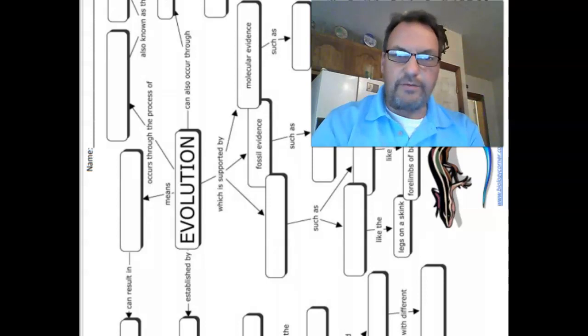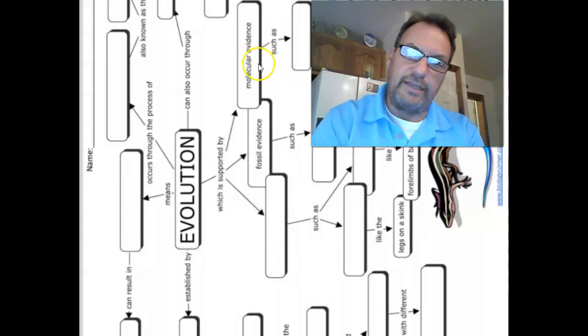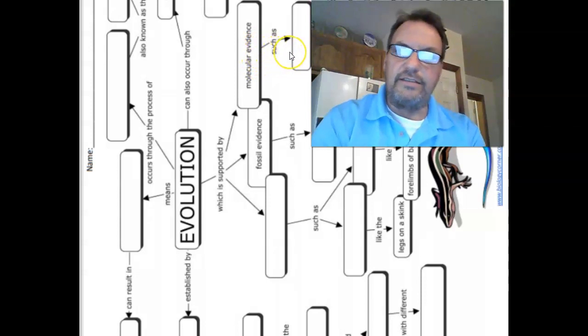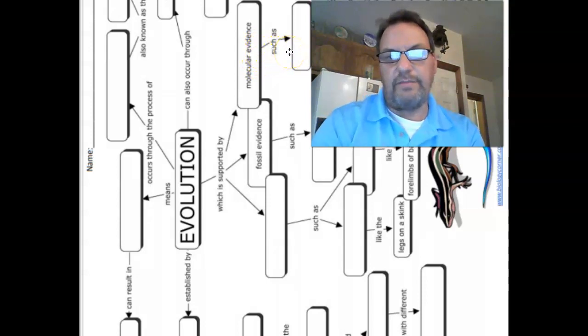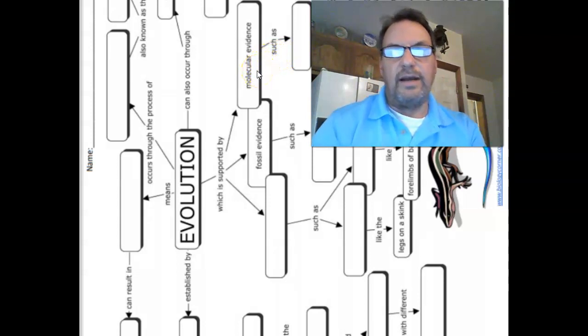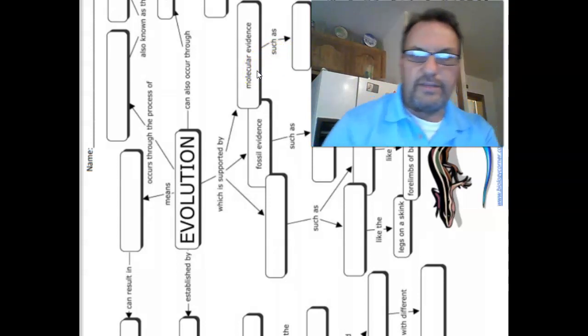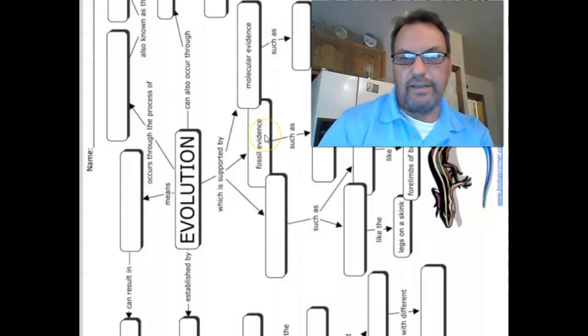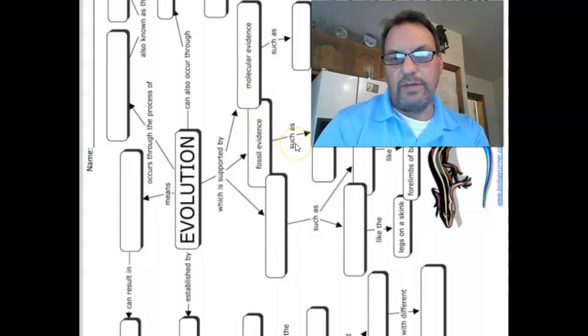Evolution is supported through three different categories. You have molecular evidence. This is DNA. If you think about the molecules and the DNA, I think you learned about that in 7th grade. So there's going to be some evidence there. There's also going to be some fossil evidence, such as whale bones.